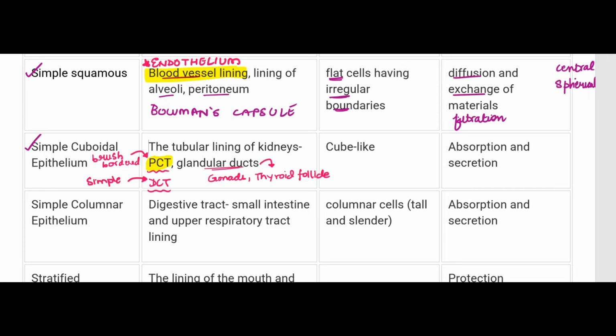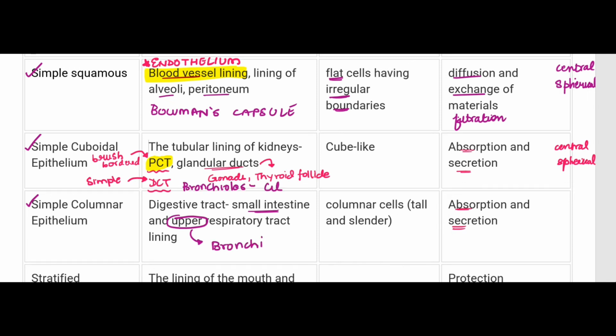Now coming to columnar epithelium. Where is it present? It is present in the small intestine in the form of brush bordered epithelium, and it is found in the upper respiratory lining. Upper, by this we mean the bronchi, whereas bronchioles have ciliated cuboidal epithelium.